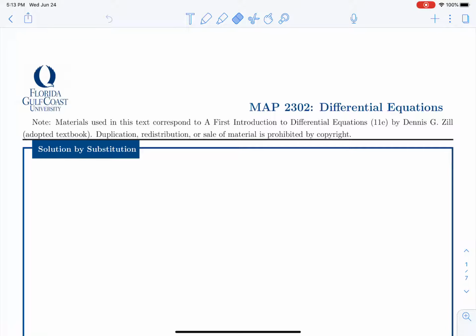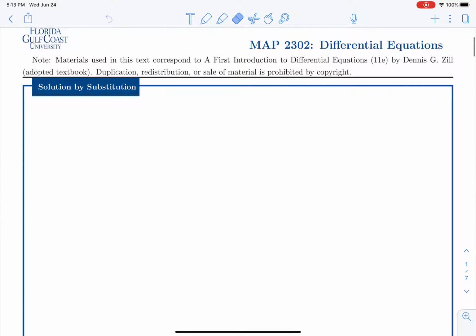So the first approach involves something called homogeneous equations. First, let's start with a homogeneous function.